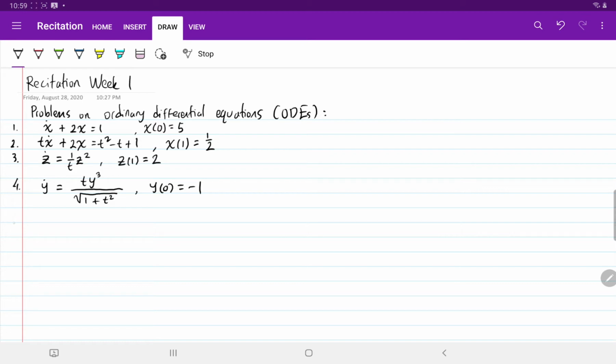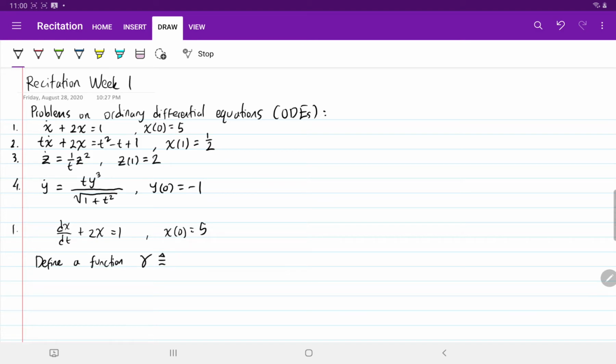Okay, the first problem, let's rewrite it. It's dx/dt + 2x = 1 with initial condition x(0) = 5. To solve this, define a function gamma.